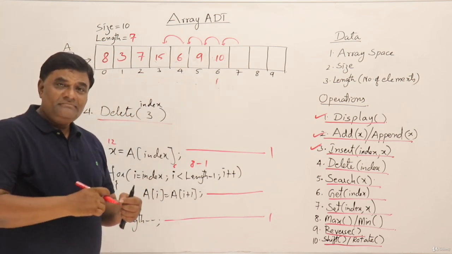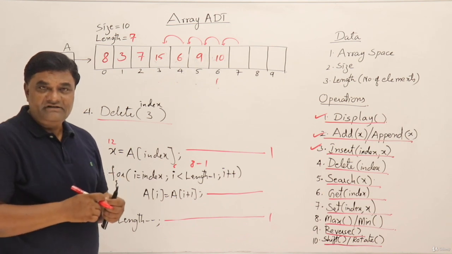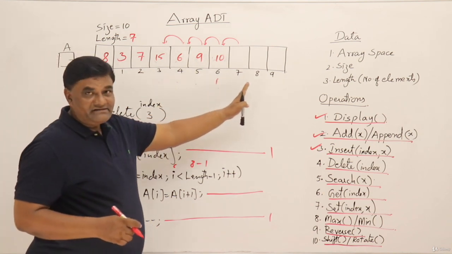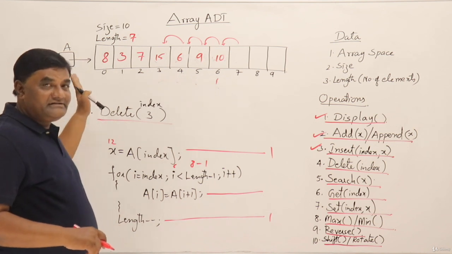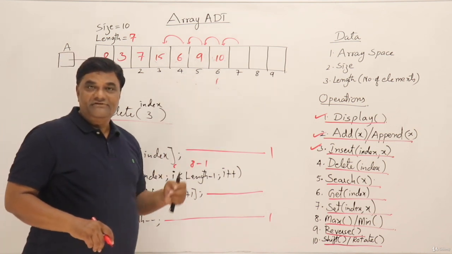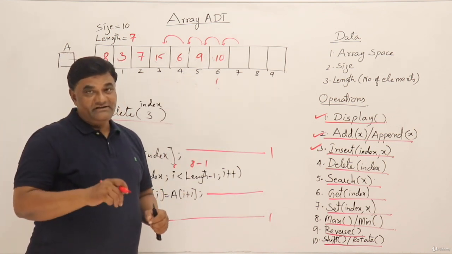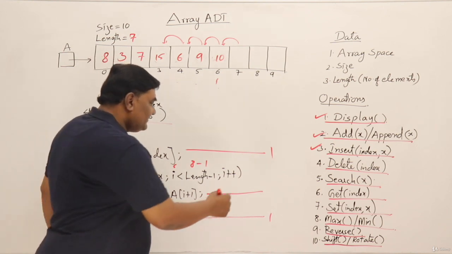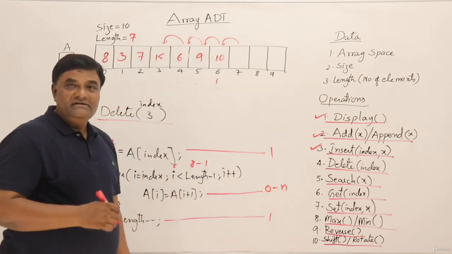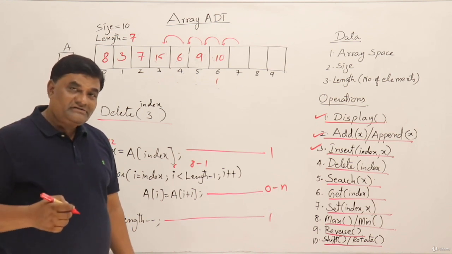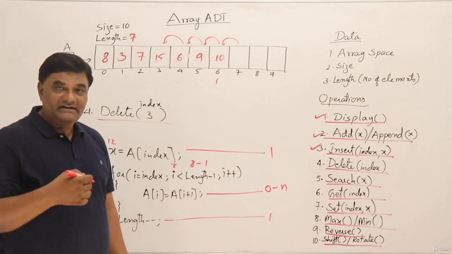Minimum 0 elements are shifted if I am deleting the last element, because then nothing has to be shifted. If I am deleting the first element, that is index 0, then all have to be shifted. So minimum shifting is 0, maximum shifting is n. So again, the minimum time is a constant and the maximum time is n.